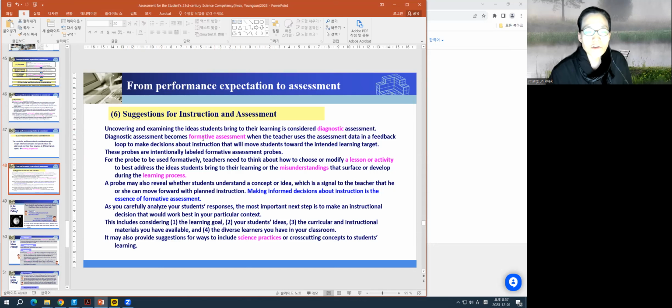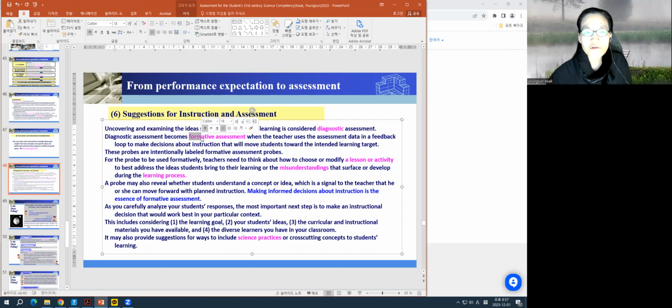It's also called formative assessment. Students' learning is forming through this assessment. The opposite of formative assessment is summative assessment.